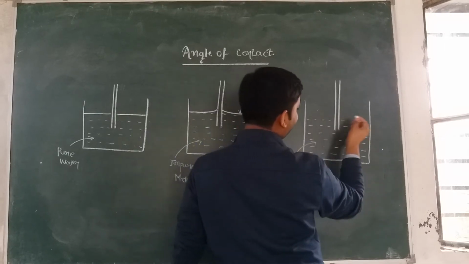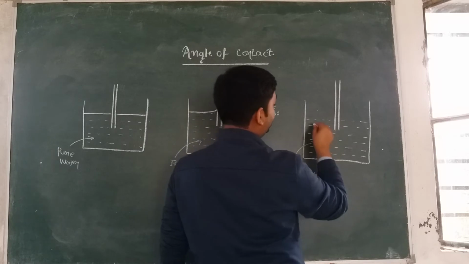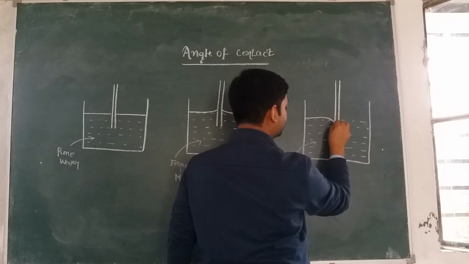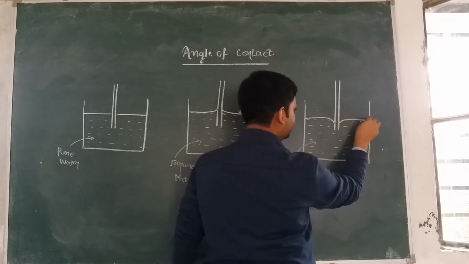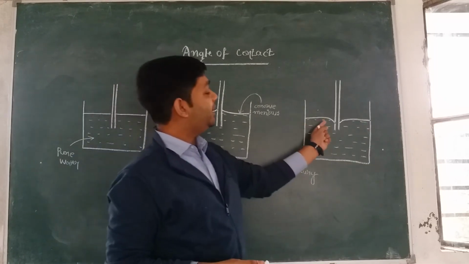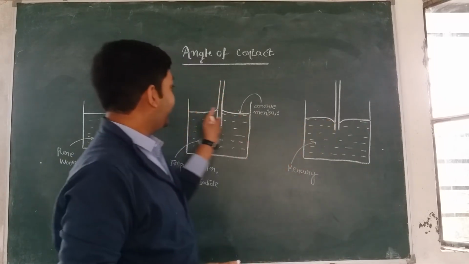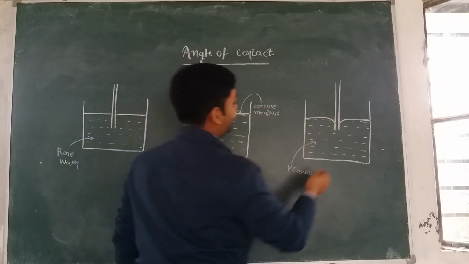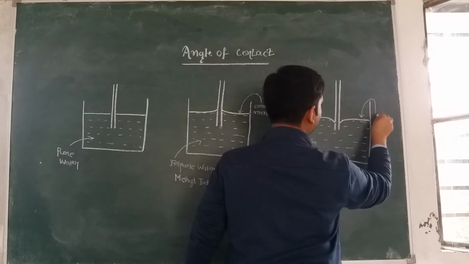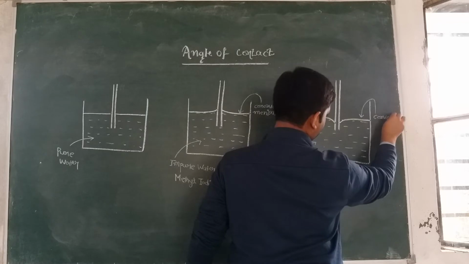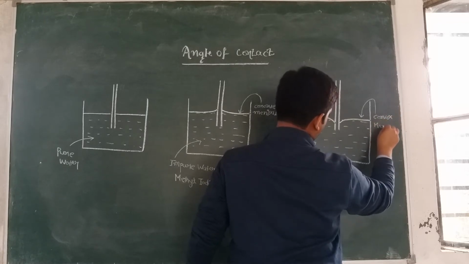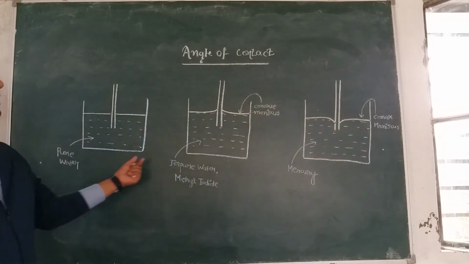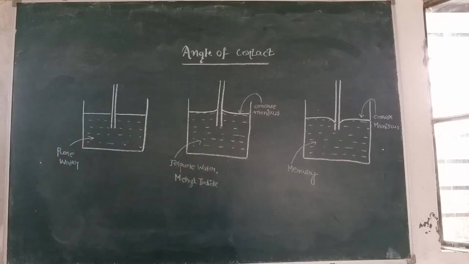And if you observe the free surface of the mercury, it will be something like this. Now the liquid is trying to compress. Here it was trying to rise, and now it is trying to compress, right? And this kind of surface is called convex meniscus, right?